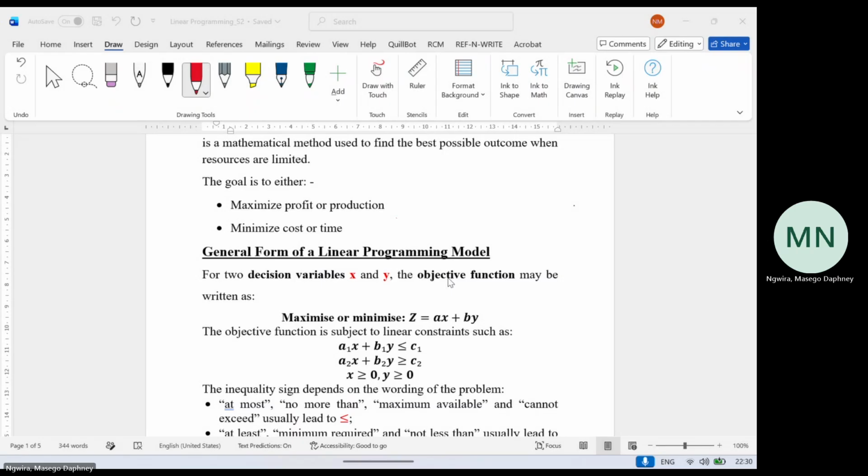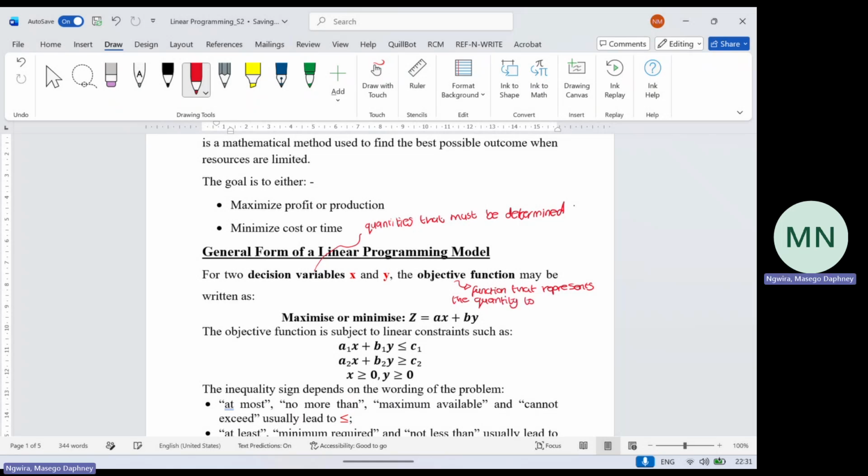So the decision variables are quantities that must be determined, and the objective function is the function that represents the quantity to be maximized or minimized.